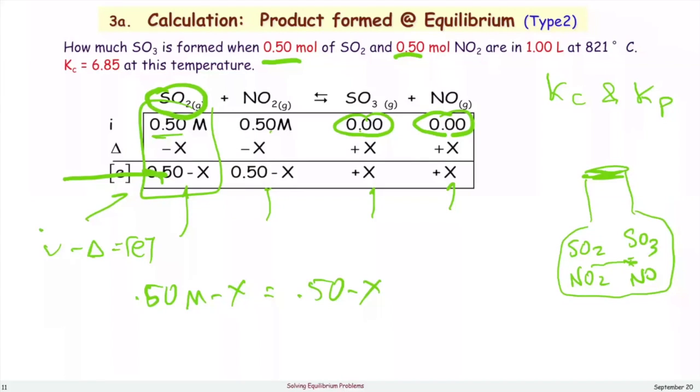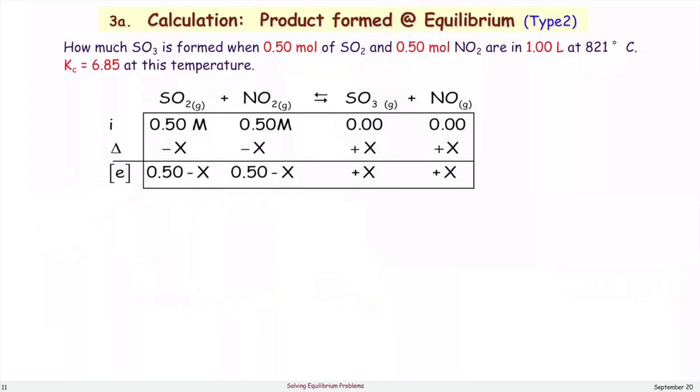What we need to do is we need to use the mass action expression. So we do that by putting products, well, let me write it this way, okay? SO3 times NO all over reactants.